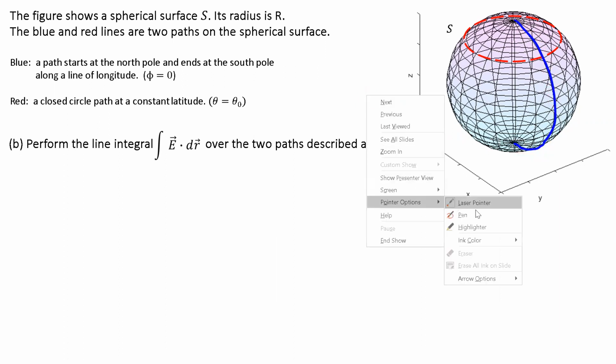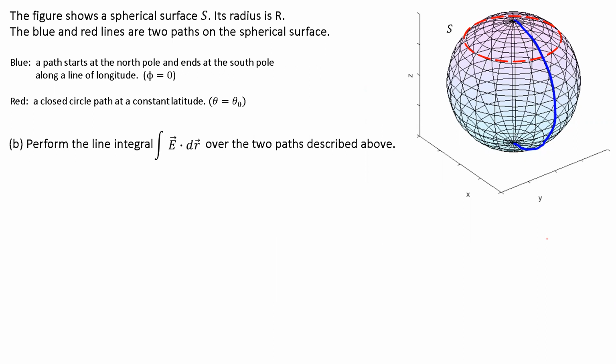Now we recall the expression of dr in spherical coordinates. Okay, so dr is given by dr r hat plus r d theta theta hat plus r sine theta d phi phi hat. This is from your last set of lecture notes.